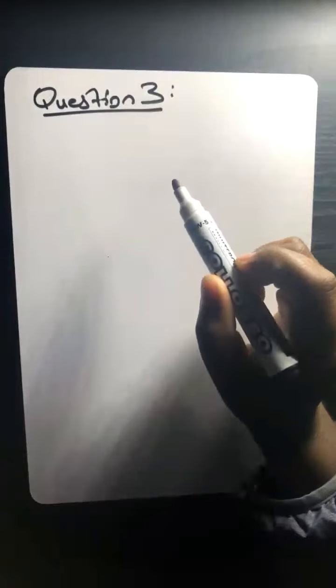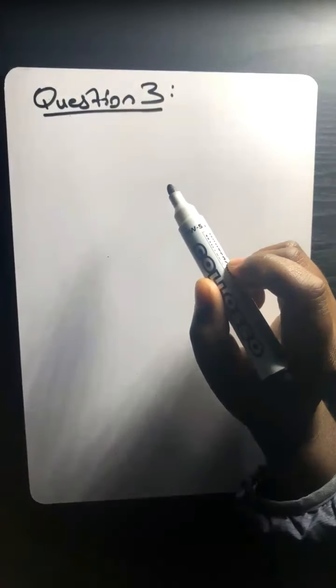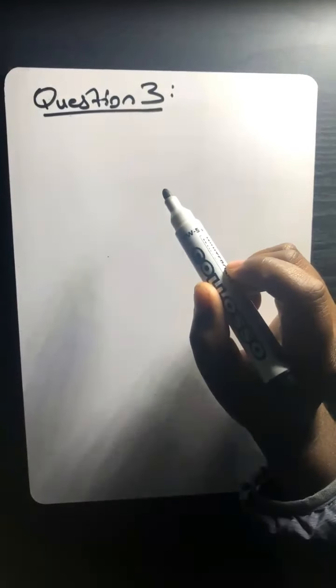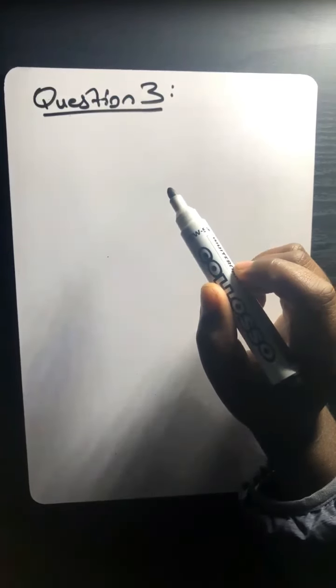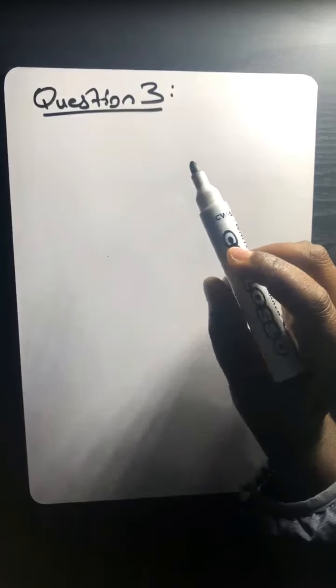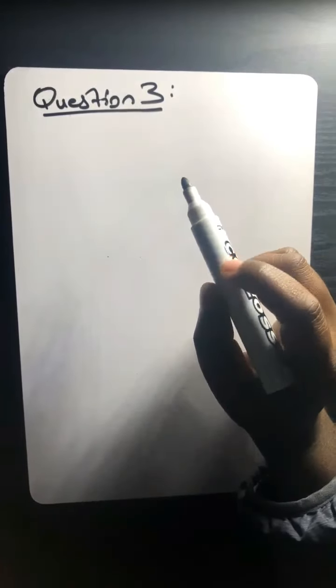So I'm just going to quickly read through the given statement. It's not really a long statement. That's why I did not draw that diagram. So the statement reads as follows.